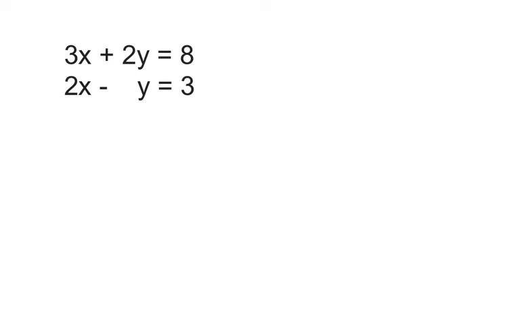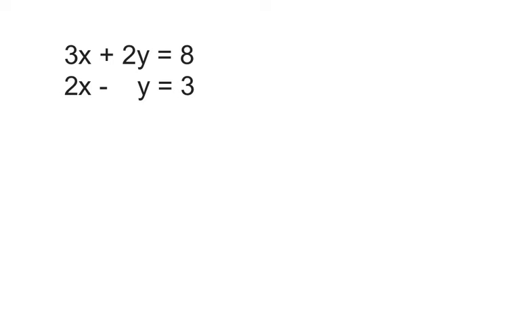This is our first example. And here we have 3x plus 2y equals 8 and 2x minus y equals 3. Now straight away we notice something different about these equations than the pairs of equations we've seen before. And that is neither x's nor y's have the same number of them.